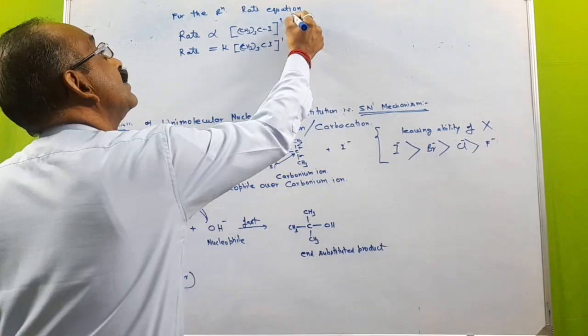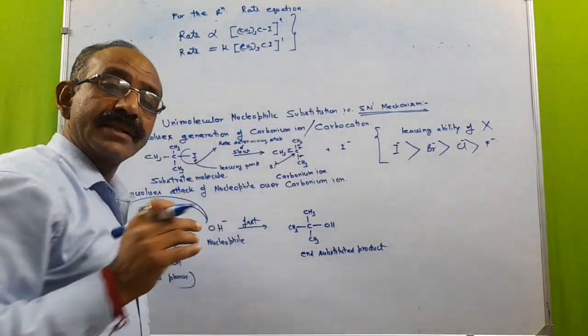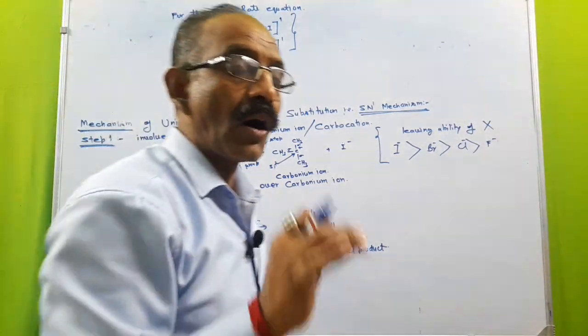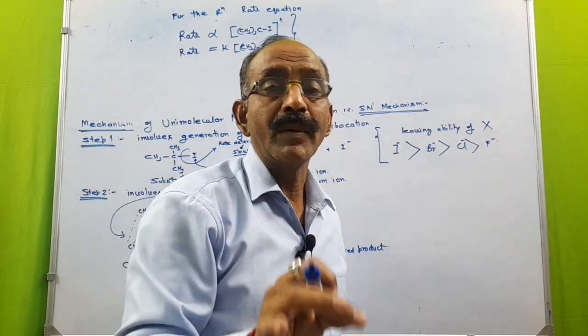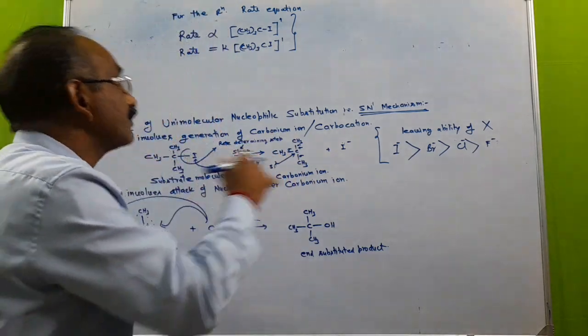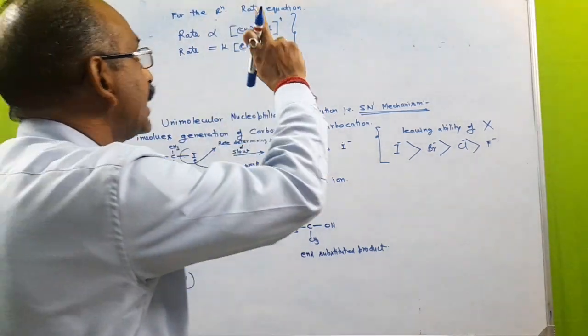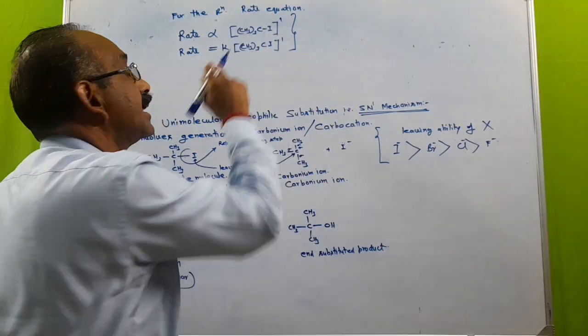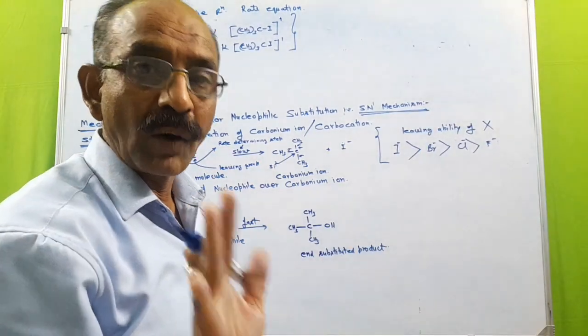See, as we know in chemical kinetics, the sum of powers raised over concentration in the rate equation is called molecularity.